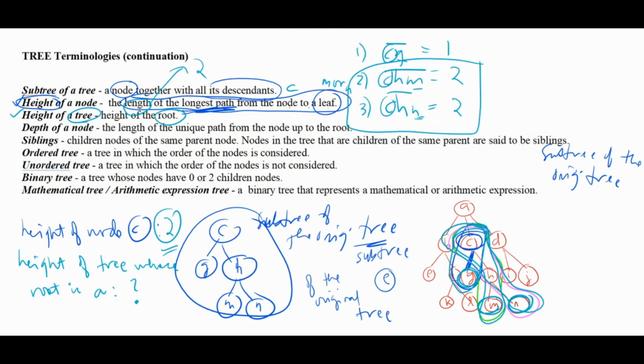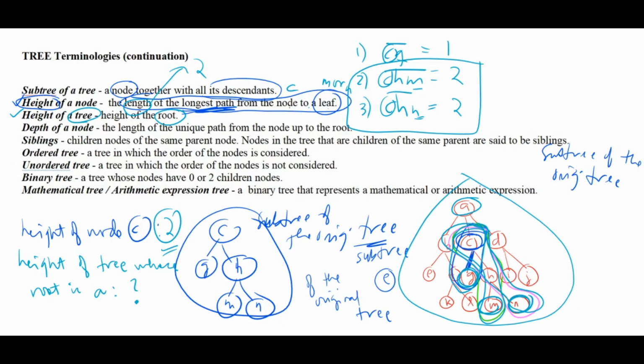The height of this whole tree is the height of the root A. So what is the height of root A? You have to find the longest path from root A to a leaf and then get the length of that longest path. That is now the height of the whole tree whose root is A.